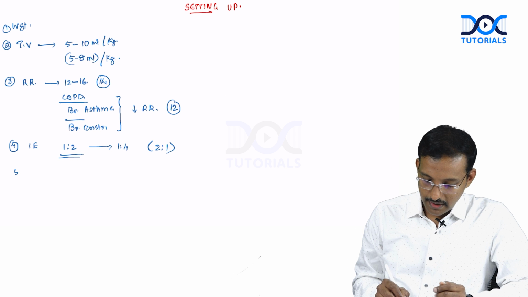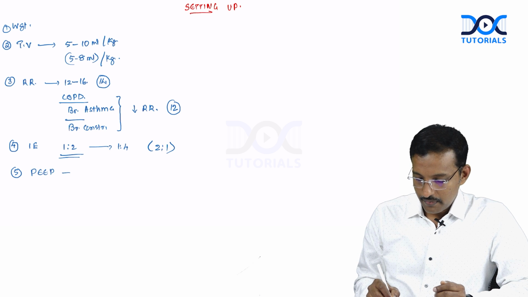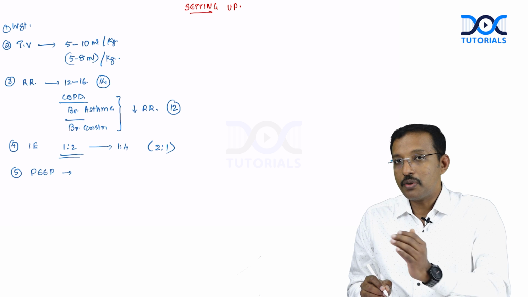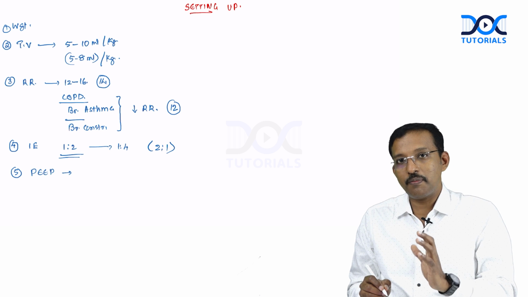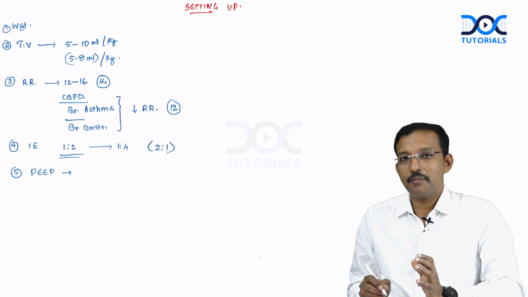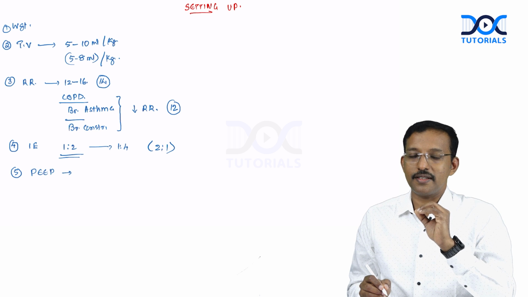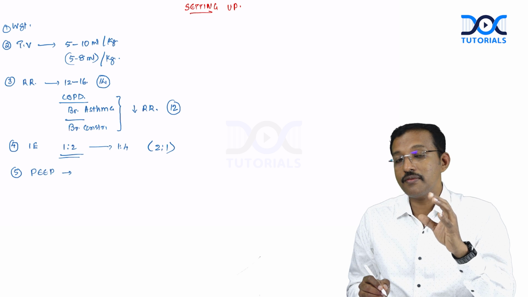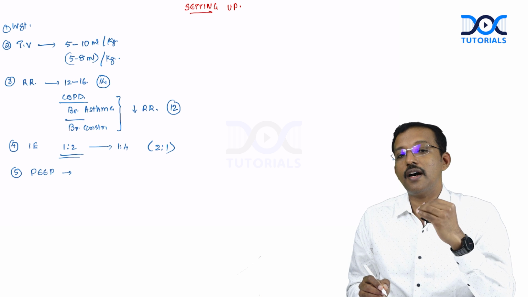The next point is PEEP, which is positive end expiratory pressure. We will have to discuss PEEP in detail in our subsequent slide, because PEEP is the area where you get questioned. Positive end expiratory pressure, or PEEP, is the pressure which is left behind after exhalation.